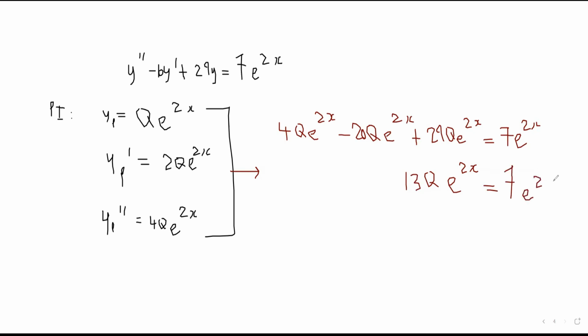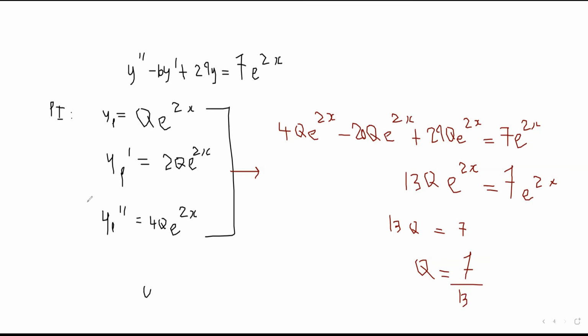So all we have to do now is equate 13q to 7. And so 13q is equal to 7, and that means q equals 7 over 13. Since q is 7 over 13, we have our particular solution.